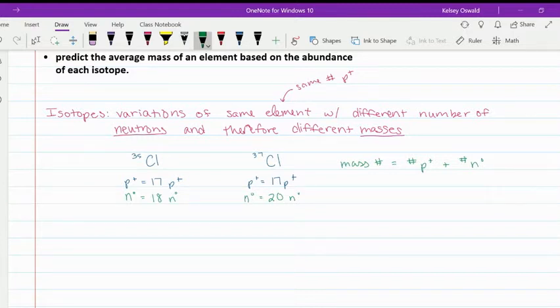All right. So if we look at this, we have the mass of each isotope. Cl35 has a mass of 35. Cl37 has a mass of 37. However, if we look at the periodic table, at the number beneath chlorine, we're going to see that the mass of chlorine on the periodic table is 35.45.